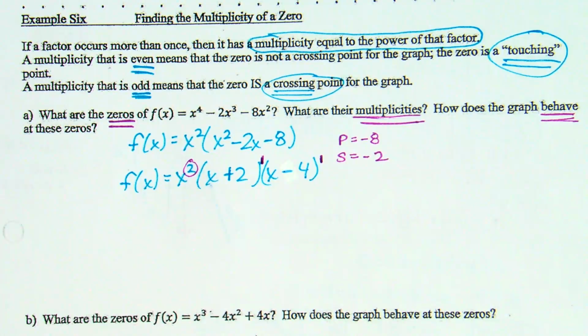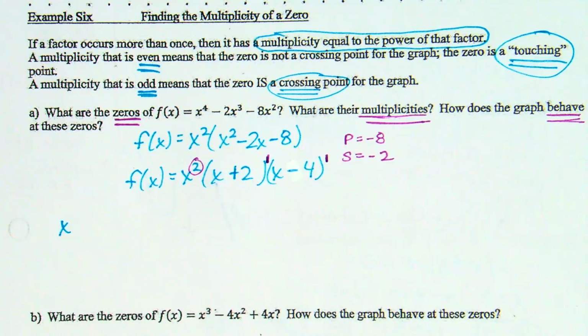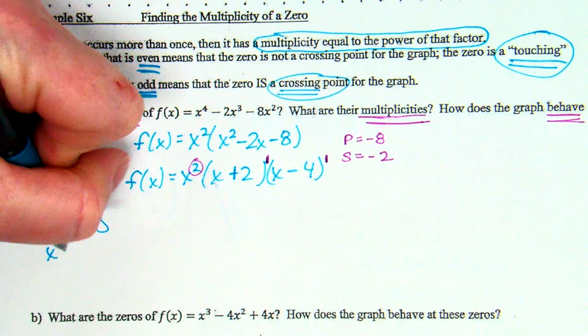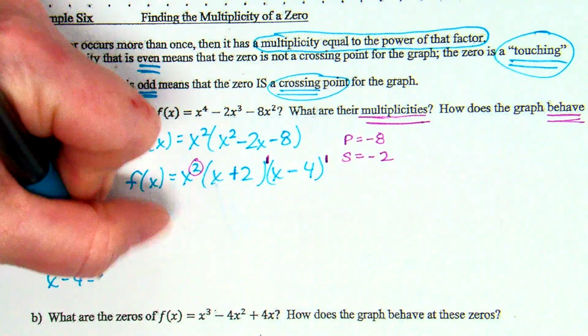So I'm going to write down all the information to answer this. First of all, I'm going to set each piece equal to 0. How many pieces am I setting equal to 0? Are we okay if we say 3? Yeah. Because what also counts? x squared has to equal 0. x plus 2 has to equal 0. And x minus 4 equals 0, correct?